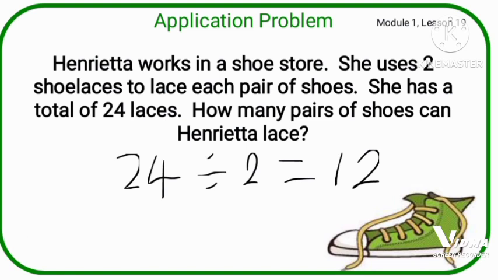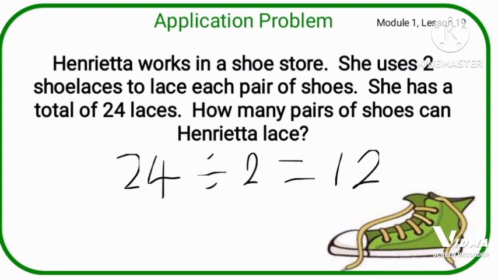Here's an application problem. Henrietta works in a shoe store. She uses 2 shoelaces to lace each pair of shoes. She has a total of 24 laces. How many pairs of shoes can Henrietta lace? This is what we know.